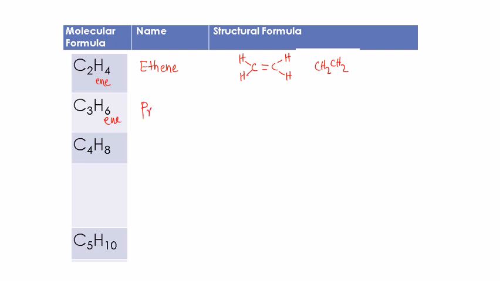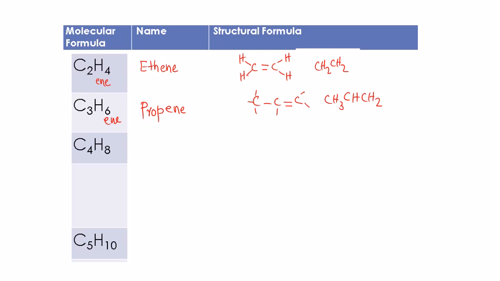So prop is the prefix, and the ending or suffix is ene: propene. So that means I have 3 carbon atoms. It did not mention on which carbon, so I'm going to put it here. So 1, 2, 3, 4, 5, 6 hydrogen. So CH3, CH, CH2.